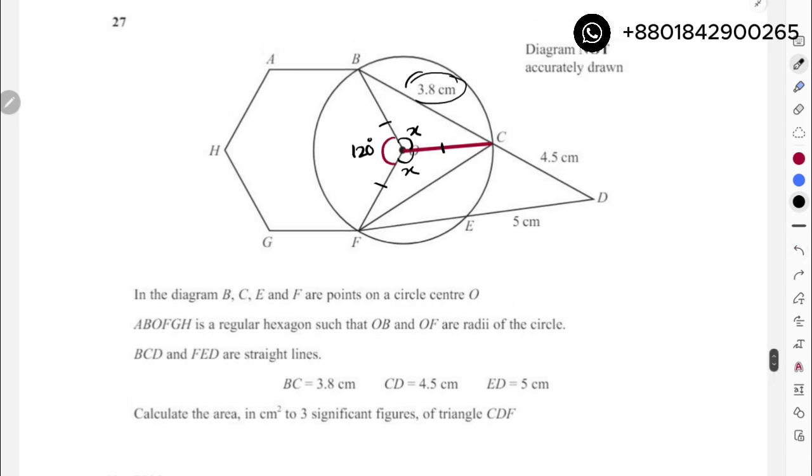Okay, so we have angle BOC, that we can calculate as 360 minus 120 divided by 2, right? So you get 360 minus 120 over 2, and that will be again another 120 actually. And if you want to write the reason over here, you can say angle at a point, right?